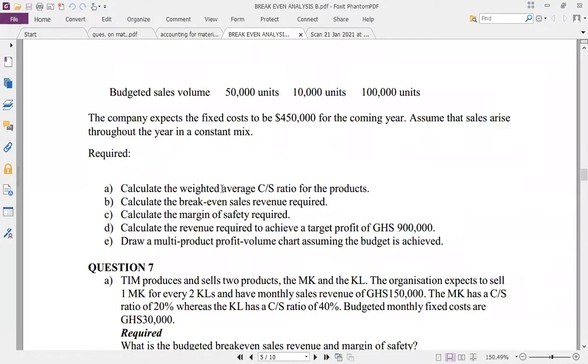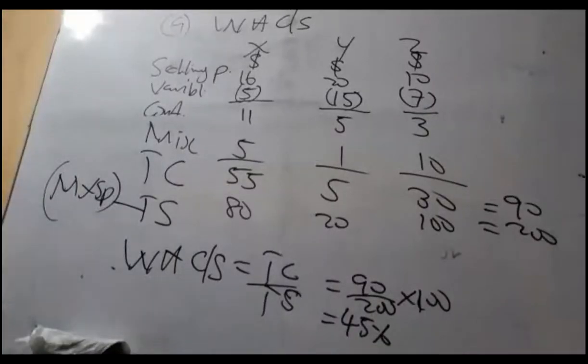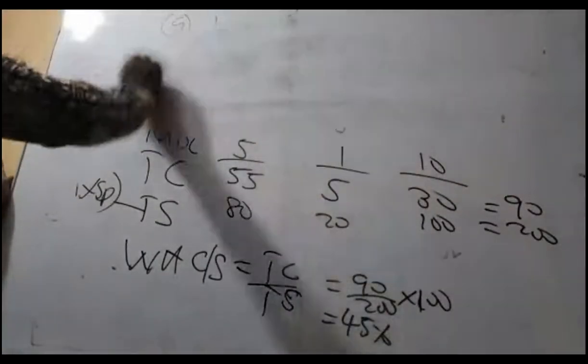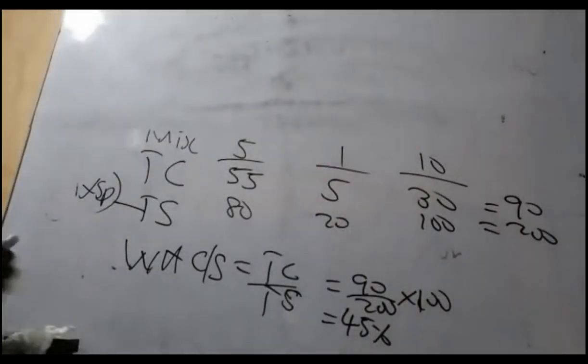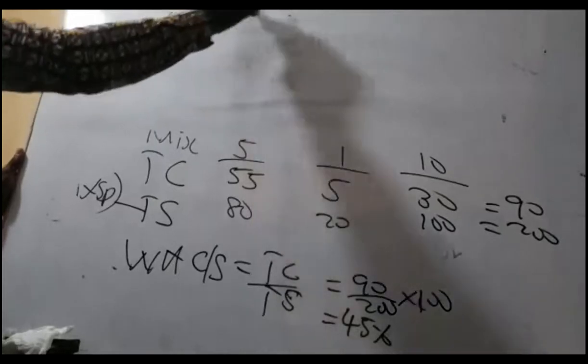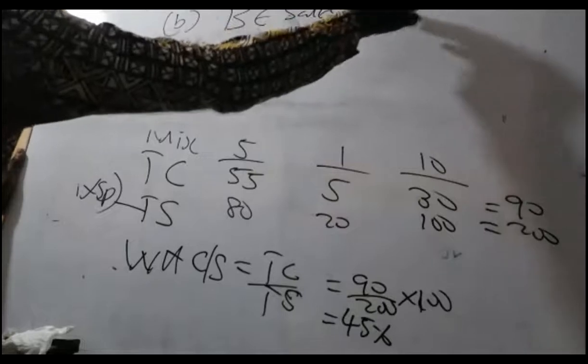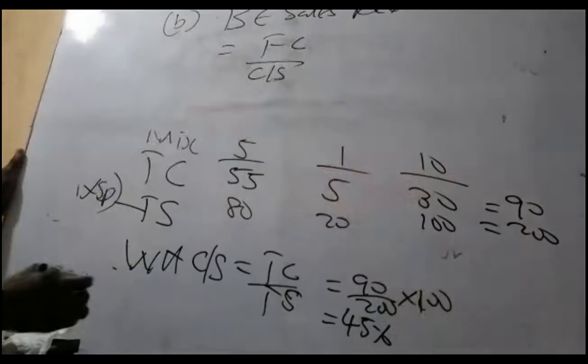The B is calculate the break-even sales revenue required. Break-even sales revenue is equal to the fixed cost over the CS ratio.